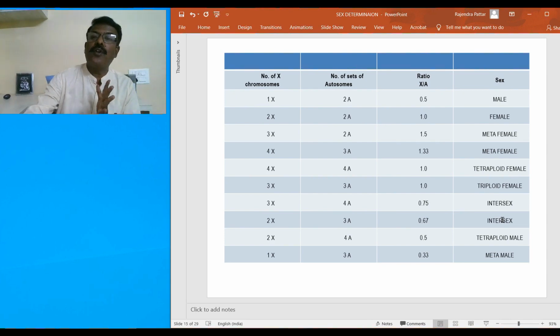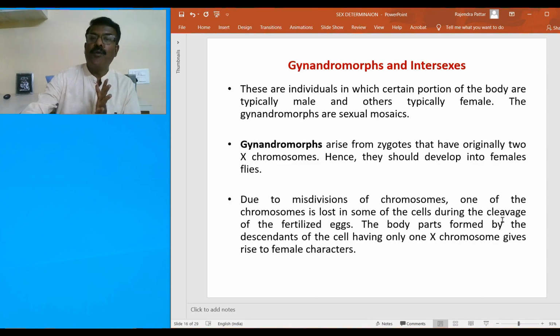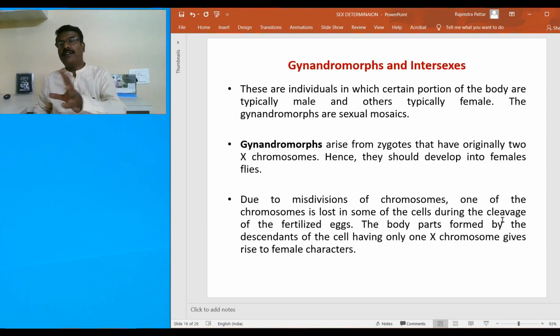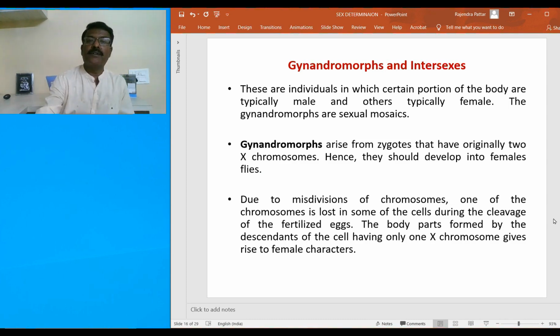Next, let us move on to the next concept, that is the formation of gynandromorphs. Already I have made it very clear about intersexes. There is no point in knowing it again and again, but let me talk about gynandromorphs. The term itself implies: gyno refers to gynosia, meaning female, and andro refers to male.